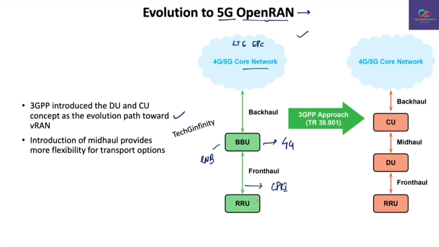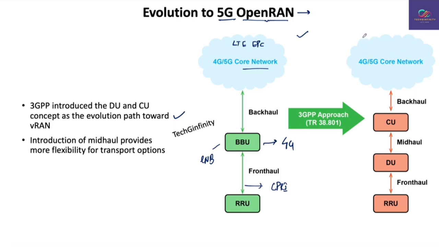This connectivity we call fronthaul, and the protocol used here is the Common Public Radio Interface. Now, when you talk about 5G technology as per 3GPP, we have the 5G core network.